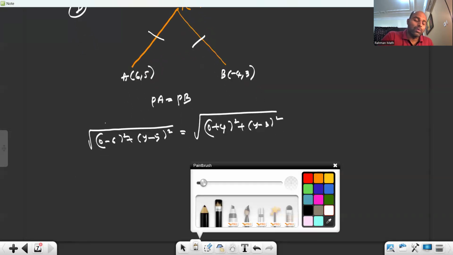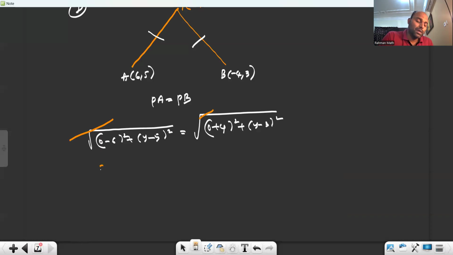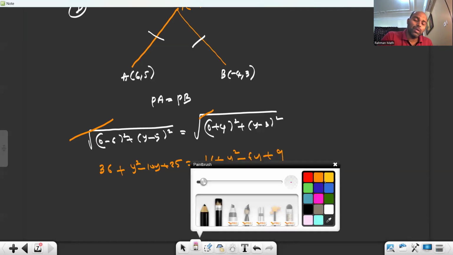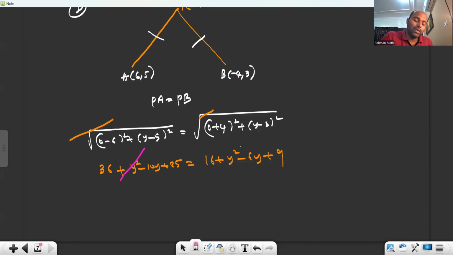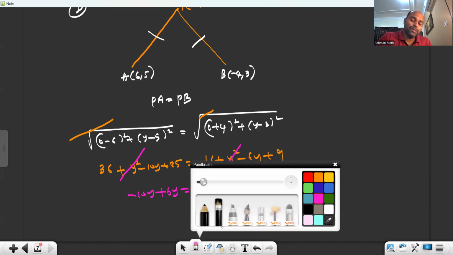You can cancel root on both sides. 36 plus y square minus 10y plus 25 equals 16 plus y square minus 6y plus 9. Nobody got the answer? Y square and y square cancelled. Minus 10y plus 6y equal to 16 plus 9 minus 25 minus 36.